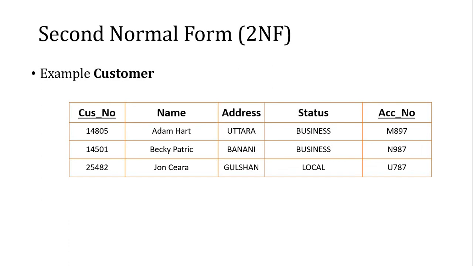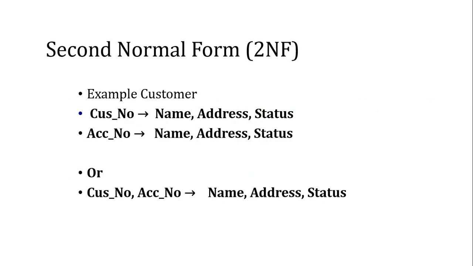So here there are 2 primary keys, one is customer no., another is account no. The name, address, and status of a person are dependent on the customer no., but here the key is 2. So name, address, and status are not dependent on the account no. If the scenario is like that, the rules of the second normal form are violated.